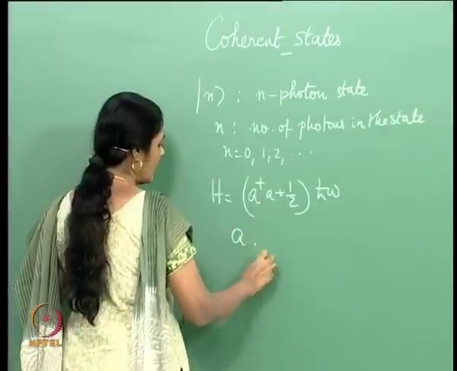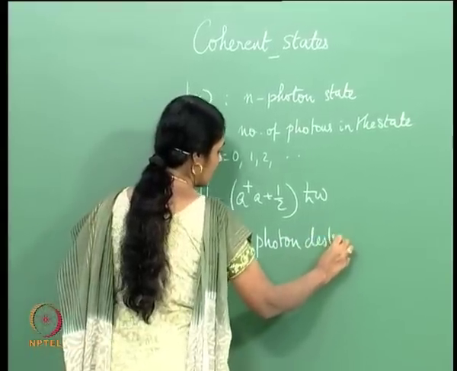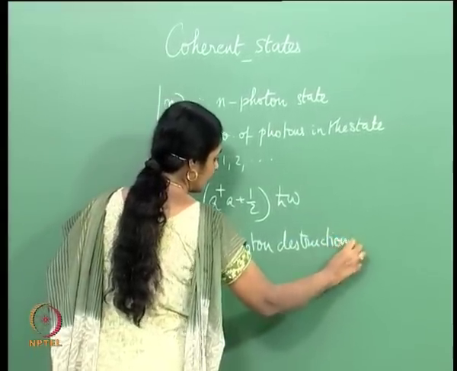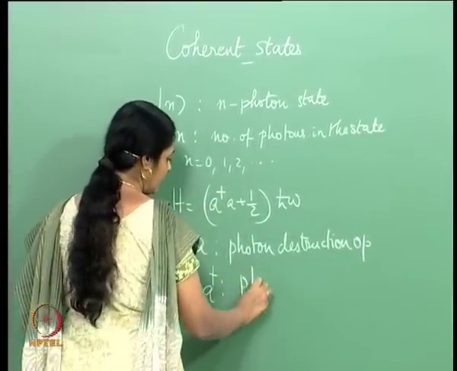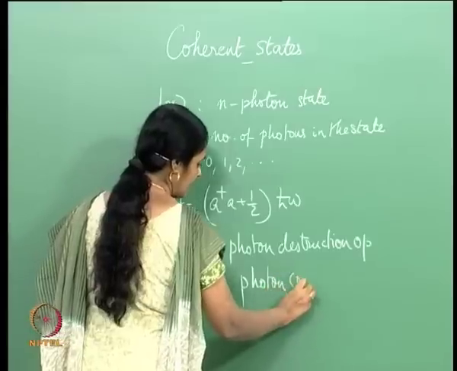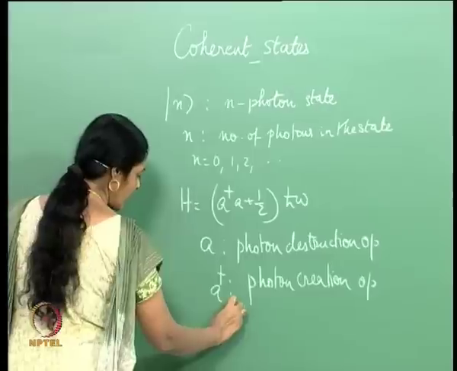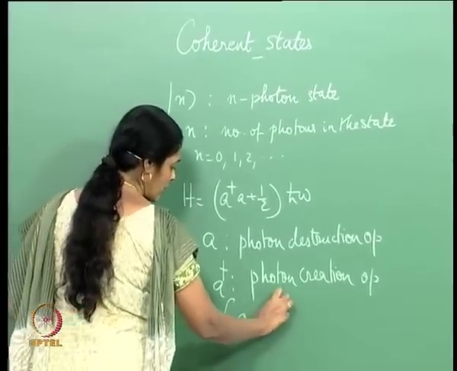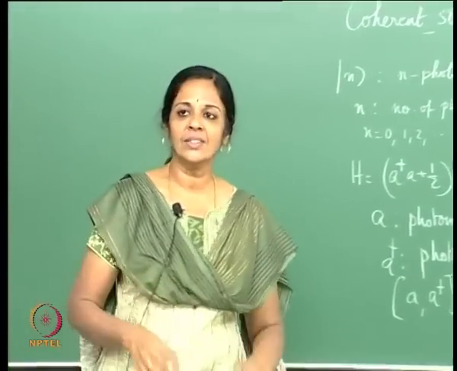A and a dagger are the photon destruction operator and creation operator respectively. And they satisfy the commutator algebra: the commutator of a and a dagger is equal to 1, where 1 stands for the identity operator.